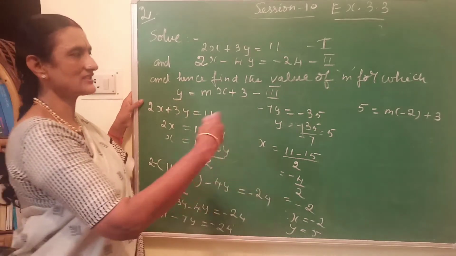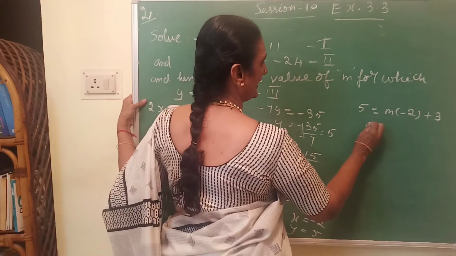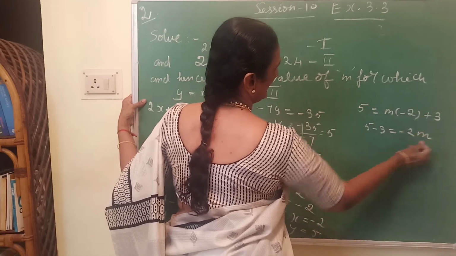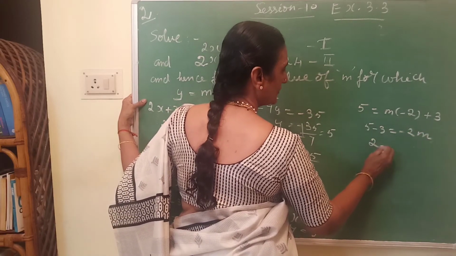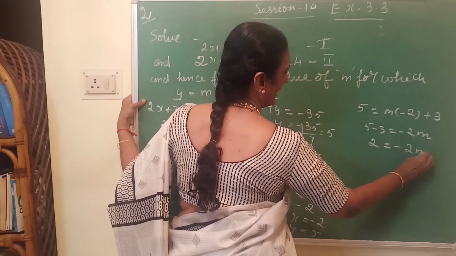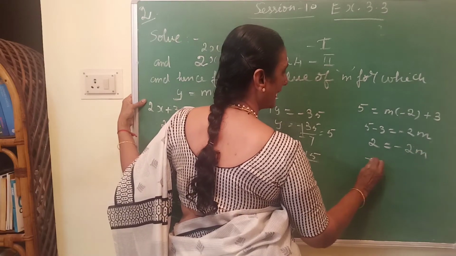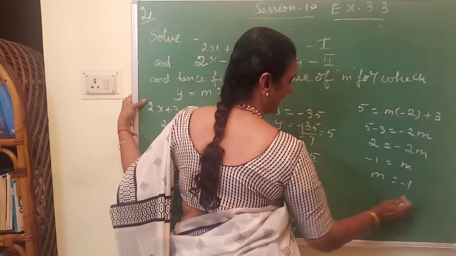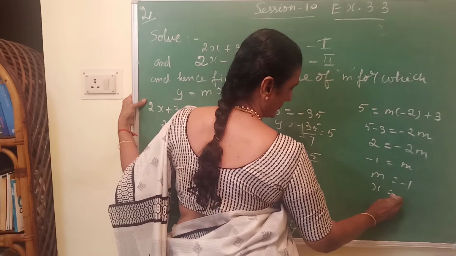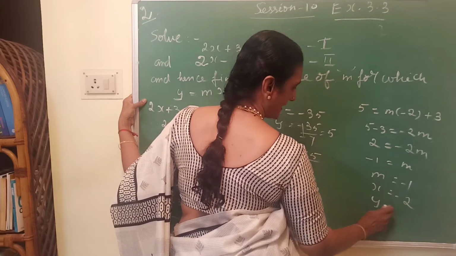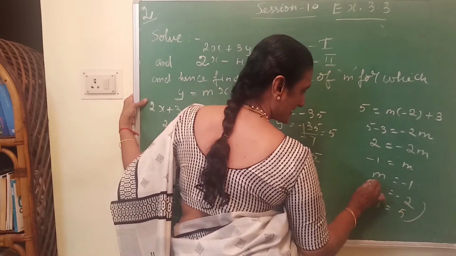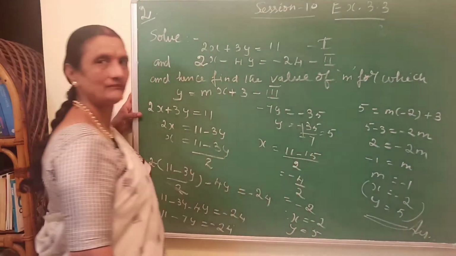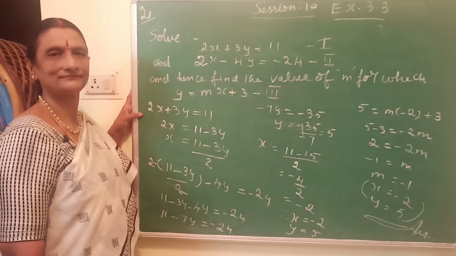So that 3 is transposed to the LHS, we will get 5 minus 3 is equal to minus 2m. Therefore, you will get 2 is equal to minus 2m, which gives the value minus 1 is equal to m. So, m is equal to minus 1 and x is equal to minus 2, y is equal to 5. This is how you have to sum up your answer and finish the sum. Is that clear to you?